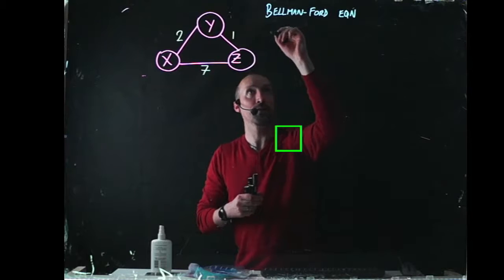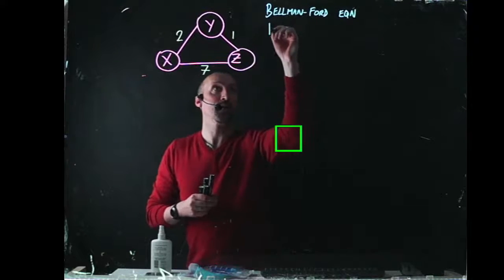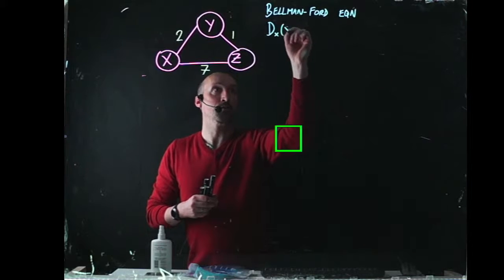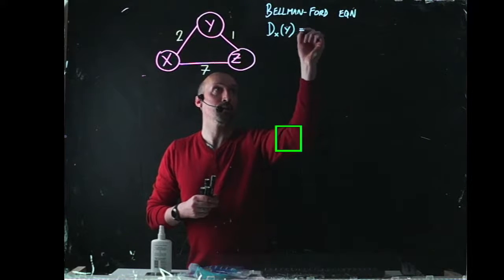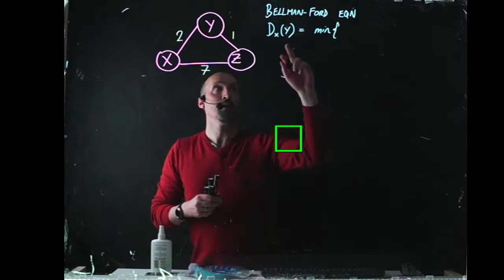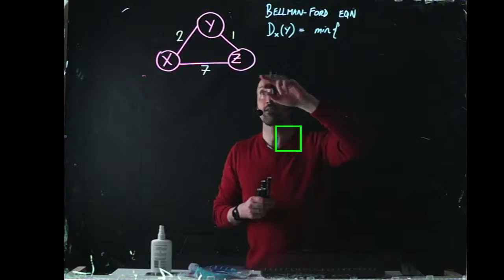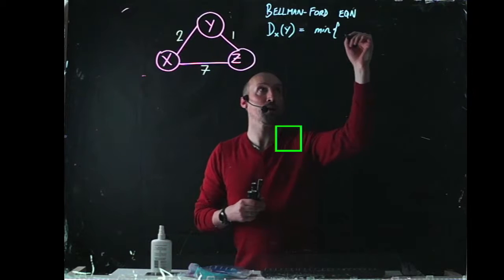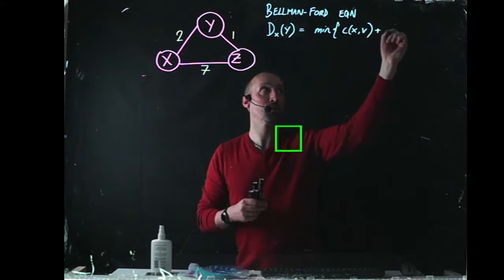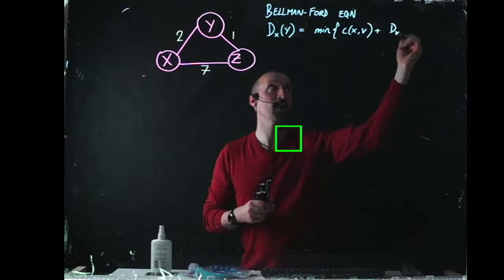So I've got the least cost path to get from, say, x to y is equal to the minimum across the various neighboring nodes. So I check the cost to get from x to each one of my neighbors plus the cost to get from that neighbor to the final destination.